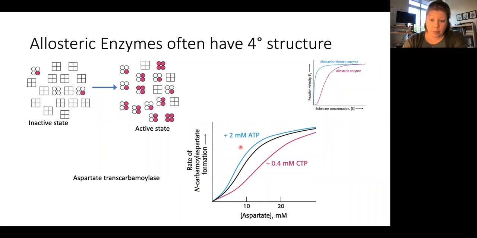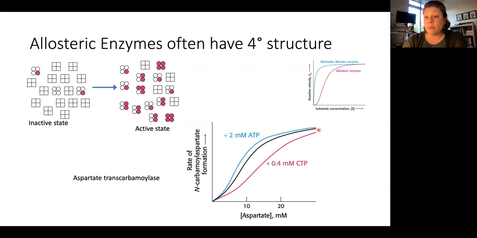The 2 millimolar ATP, well, it's not the substrate that we're worried about here. We're talking about this allosteric regulator. It looks like maybe the sigmoidal curve is going up a little faster, and then we're raising the rate of product formation just a little bit more quickly.